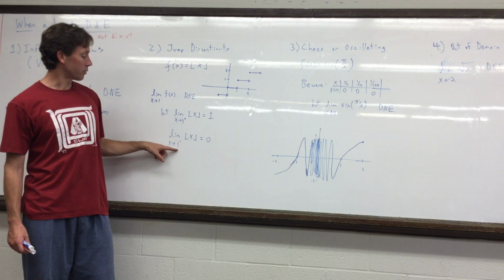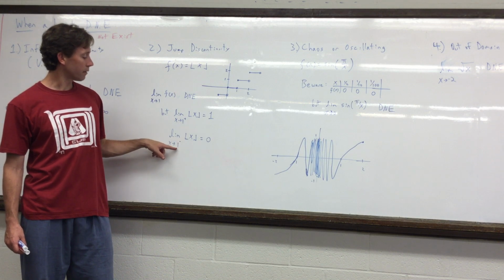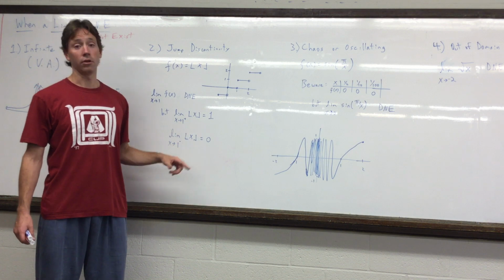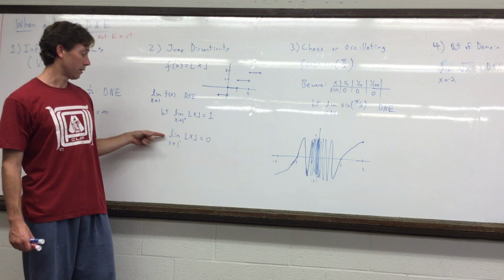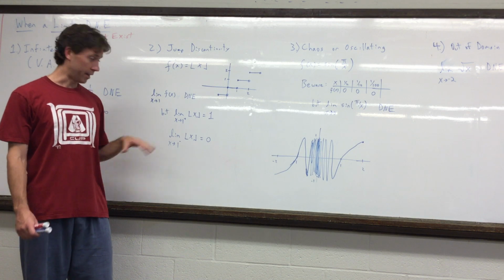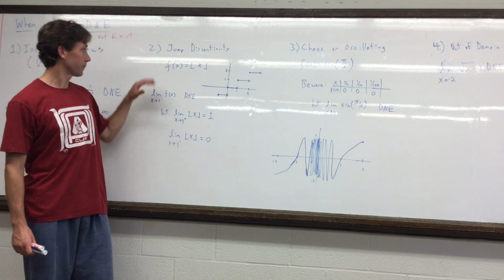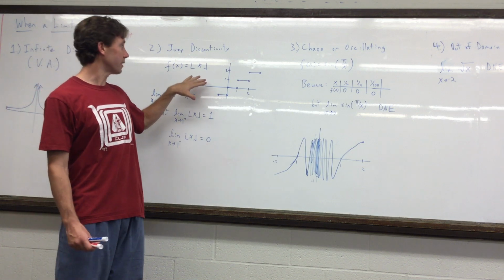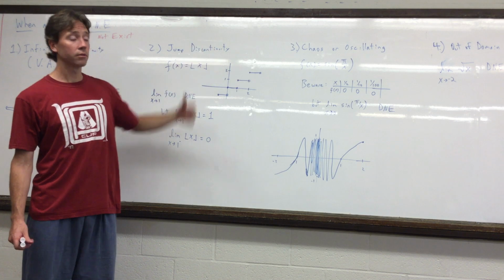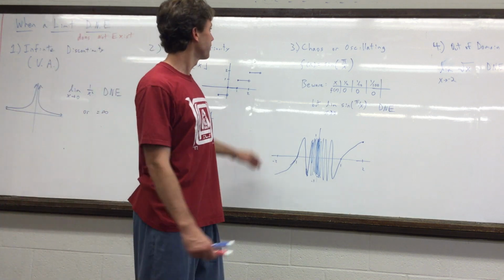The limit as x approaches 1 from the negative side, from numbers slightly less than 1, of the step function is 0. Okay, so this way of splitting the left and the right side up will become a little bit more important later, but I wanted to give you a preview of it here. So the jump discontinuity: graphically, a limit doesn't exist if the graph has a jump or a step.